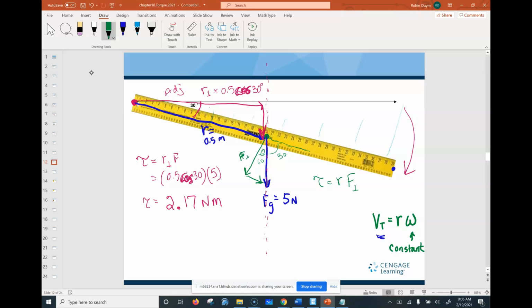Well, my F perpendicular is going to be F cosine 60.